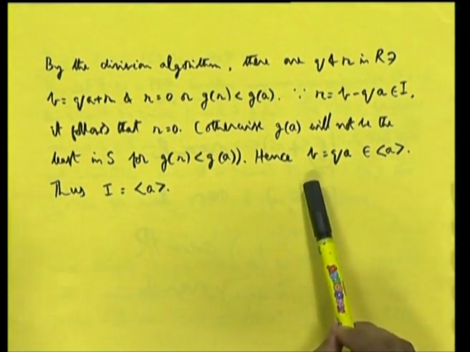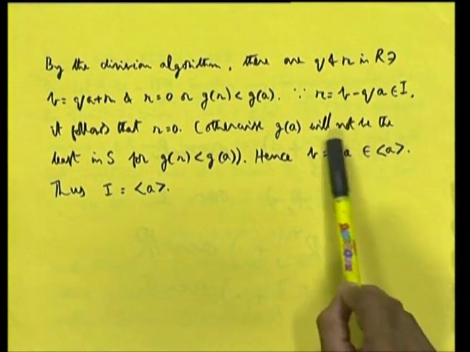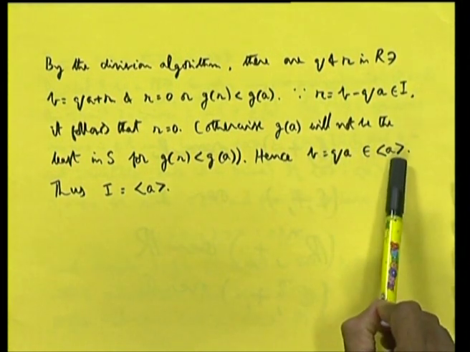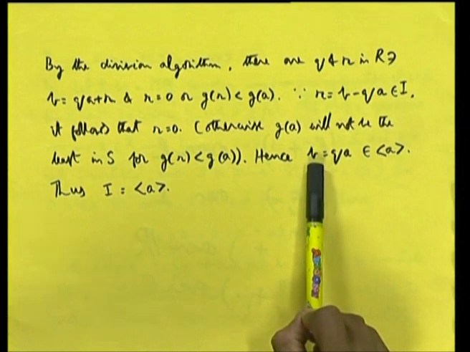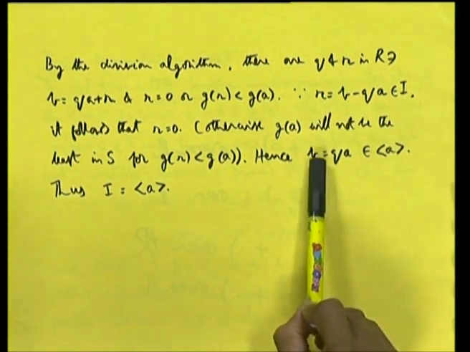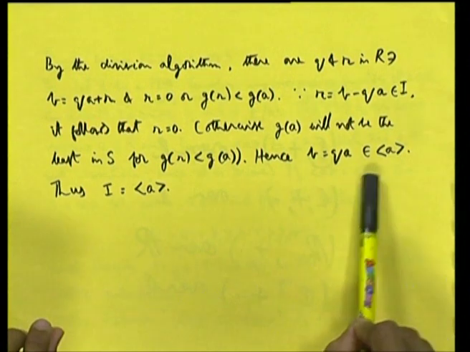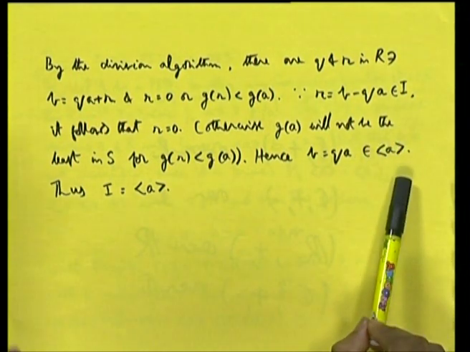b is a product obtained by multiplying small a with an element from capital R, and therefore this has to belong to the ideal generated by a. Therefore, b is a member in the ideal generated by a. We started with small b coming from capital I, small b is any general element, therefore capital I becomes a subset of the ideal generated by a.